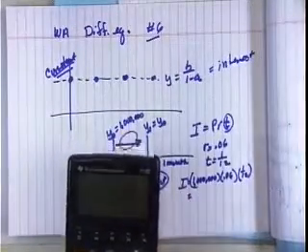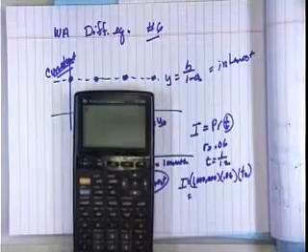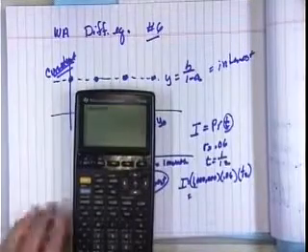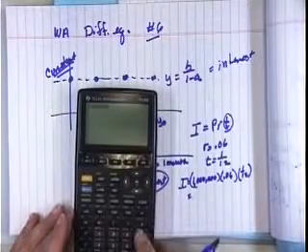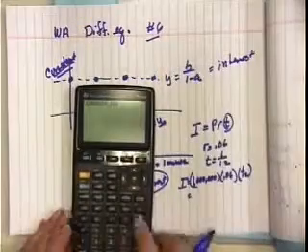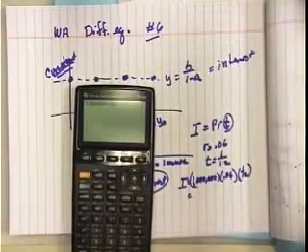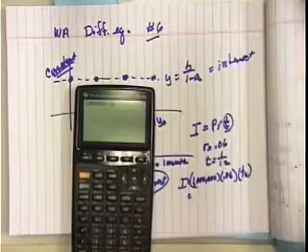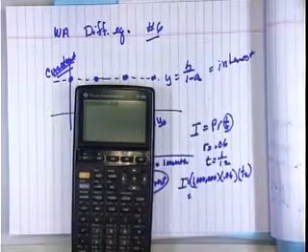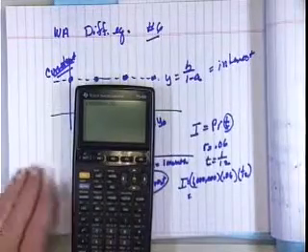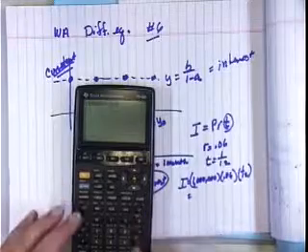So on the calculator, I have 1 million times 0.06. Whoops, I just hit a light off. There we go. All right, times 0.06 divided by 12.